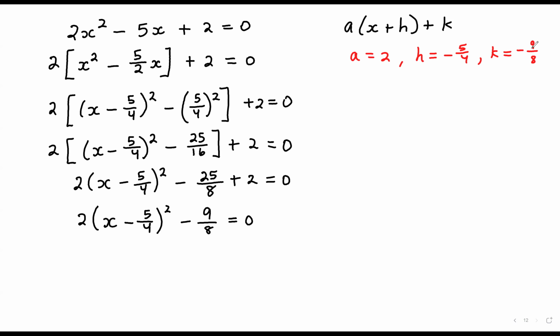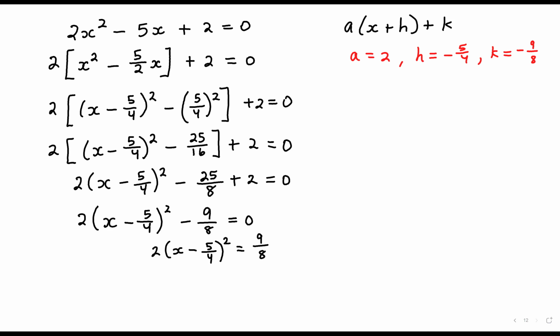Right? And now I could solve this equation from here. So solving the equation, I'm going to move minus 9 over 8 to the other side. So I end up with 2 by x minus 5 over 4, all squared is equal to, not 0, 0 plus 9 over 8, which would be 9 over 8.